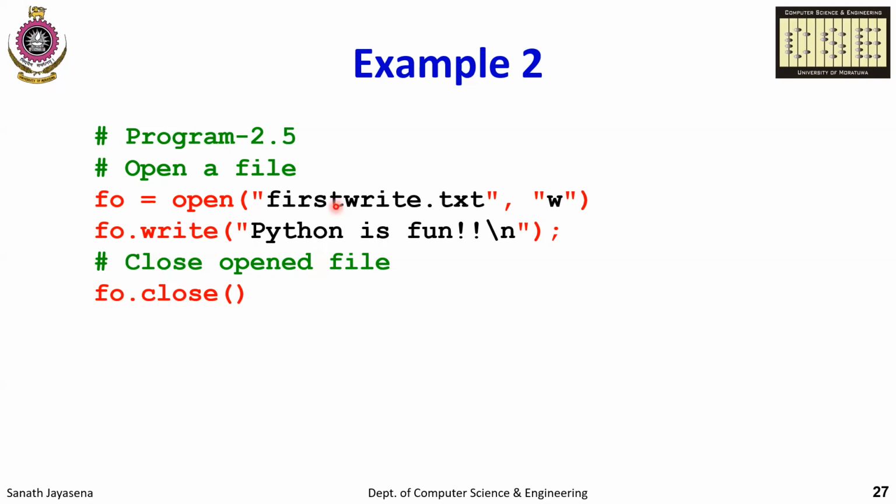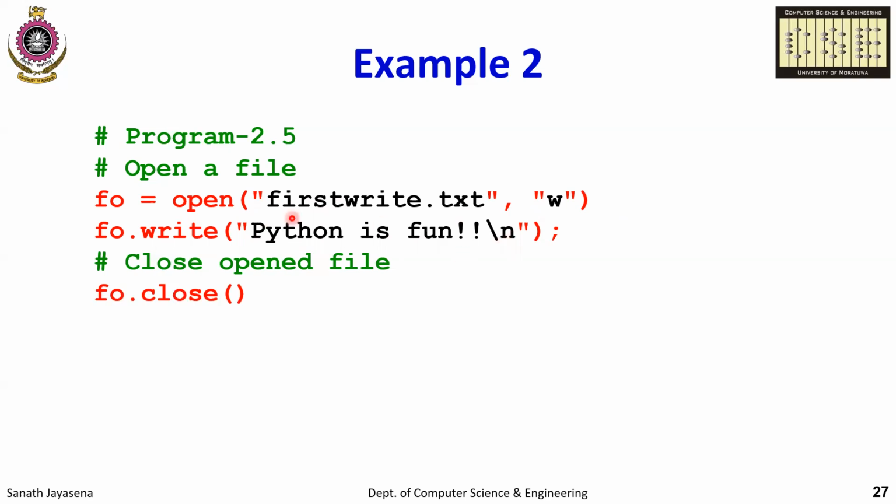It will not get overwritten. You simply write whatever you include inside the write method, and it will be written at the end of the file. So a file can be visualized like a sequence of things. There's a starting point, and as we write, we can keep adding to the file. Right? So for that, you have to open the file in append mode.